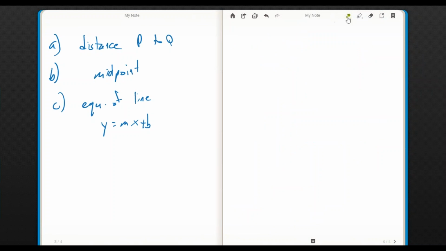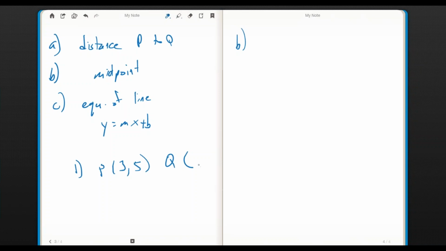All right, so then the second part of this question, part B, and again for number 1, I have P is (3, 5), and I have that Q is (2, -3). The midpoint is exactly halfway between them.